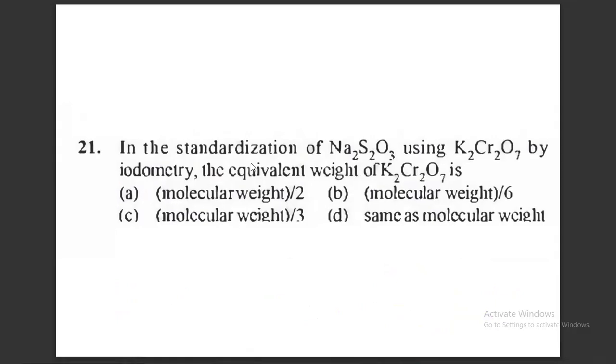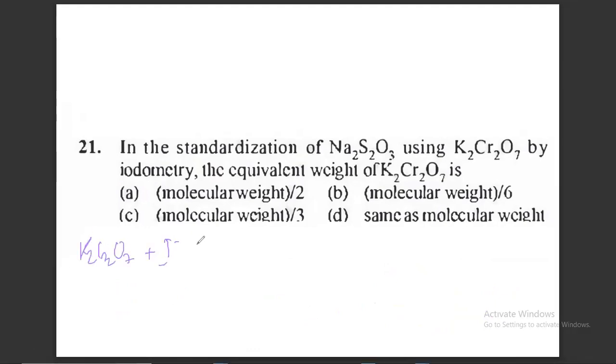In the standardization of thiosulfate with potassium dichromate using iodimetry, the equivalent weight of potassium dichromate is. So in iodimetry, potassium dichromate liberates iodine from iodides, which is titrated with thiosulfate solution. So potassium dichromate, let us say K2Cr2O7, right?